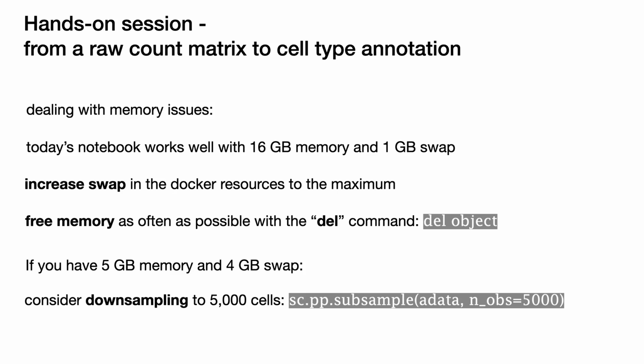The simple tutorial takes less memory, so don't freak out when your computer doesn't have those specifications. When you use a Docker container, increase the swap to the maximum. You can do that in the settings. Free the memory as often as possible. You can do that by del and then the object name, and then it's flushed from your memory.